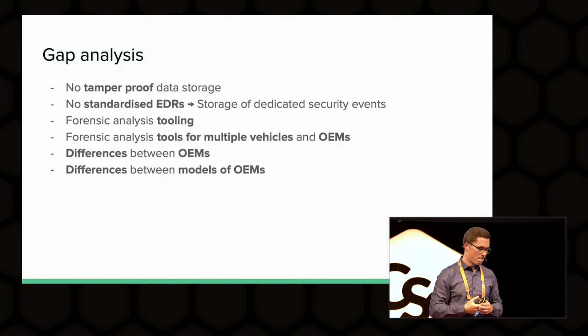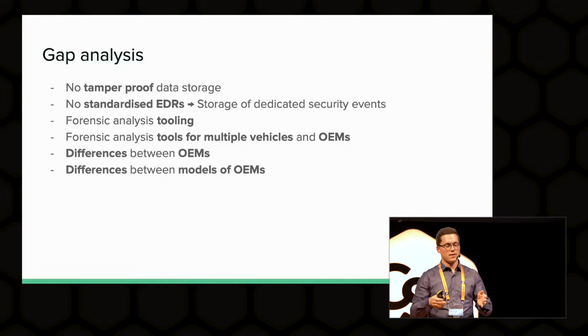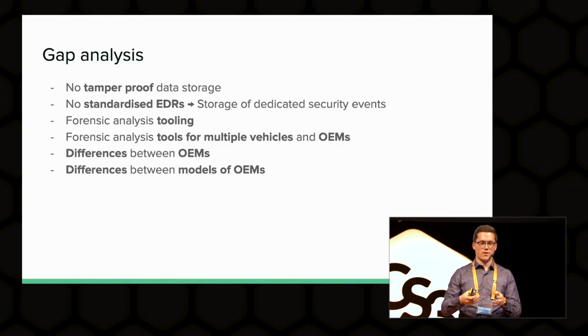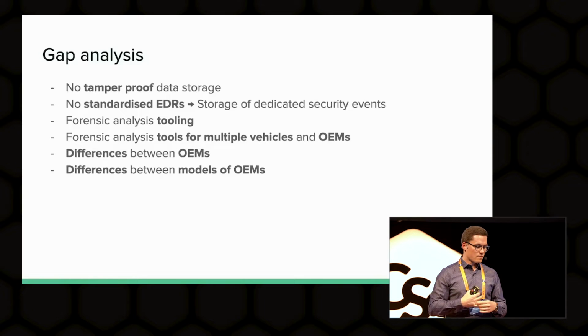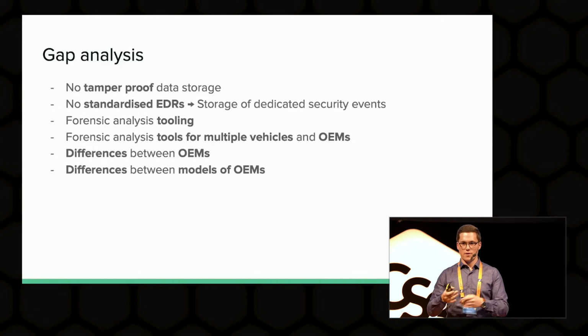So during our analysis and work, we identified multiple gaps within modern vehicles. First, we don't have any tamper-proof storage within cars at this moment, which means the data we are collecting is not that trustable, to be honest, because it's kind of easy to change. We have no standardized EDR, which stands for Event Data Recorder, which stores predefined events.